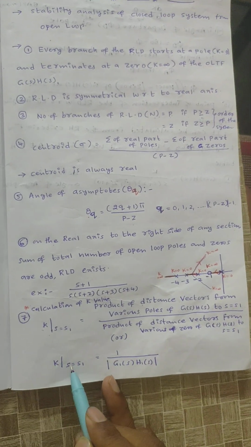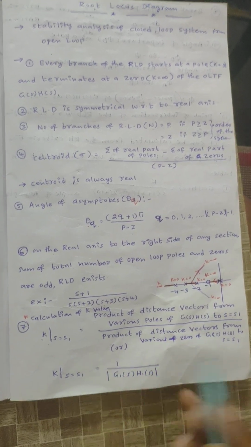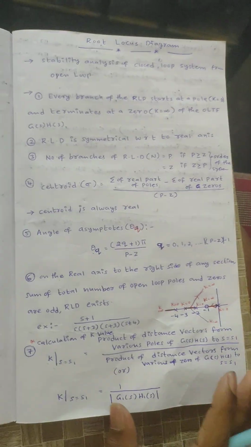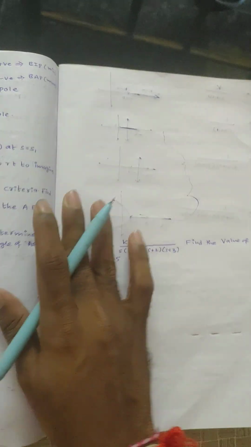Or k at s equals s1 is 1 by the magnitude of G1(s)H1(s). That means in this magnitude we need to substitute s equals s1. If you solve one problem, you have a clear idea.